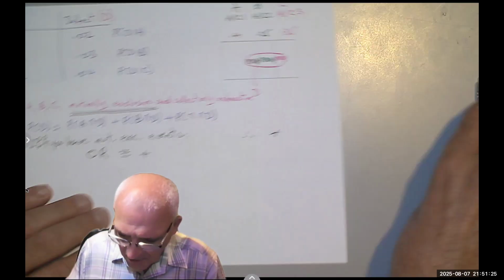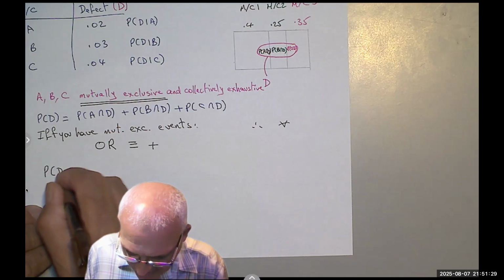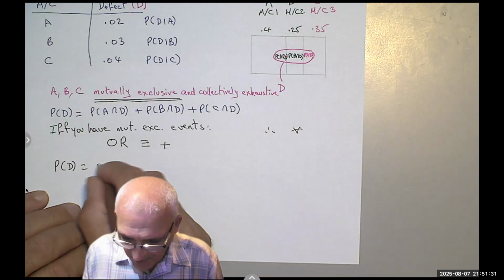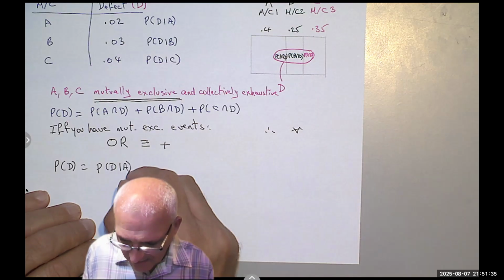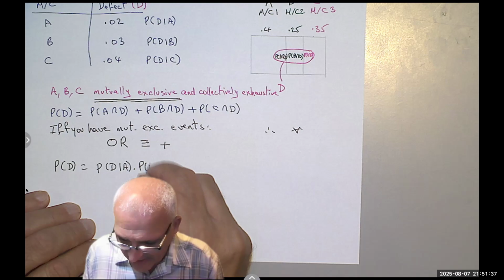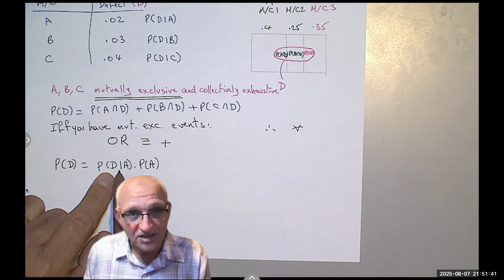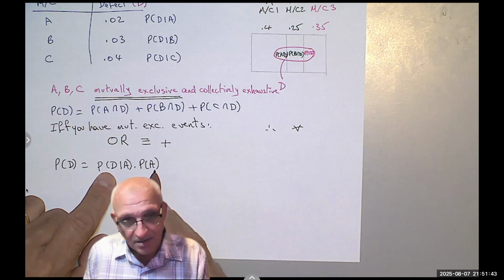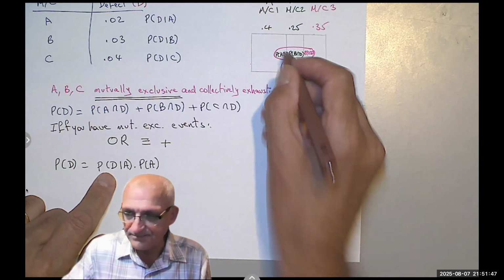The probability of B, I multiply A times the probability of B given A. So, can't I use the same logic and say the probability of D equals the probability of D given A times the probability of A? When I do that, what do I get? Remember, multiply conditional by marginal. You get the joint, A and D, which is this.